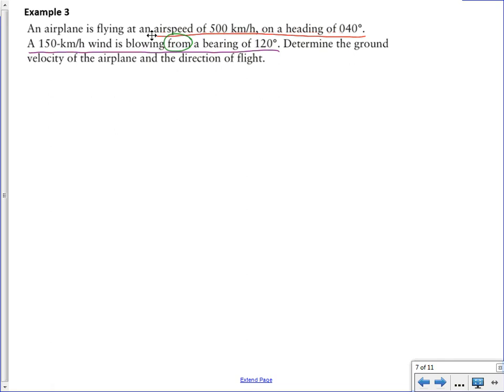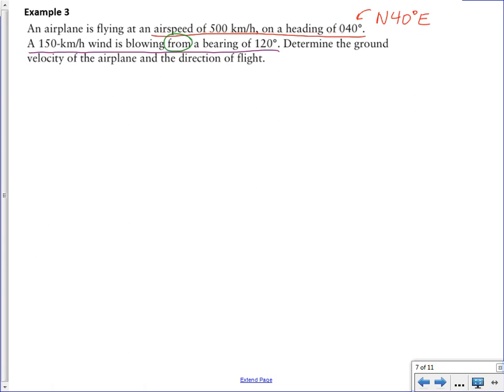That's a reference to north, and in which direction from north? Clockwise from north. If it helps you, you can turn it into a quadrant bearing. What's 40 degrees clockwise from north? North 40 degrees east. That's the heading, I should say.